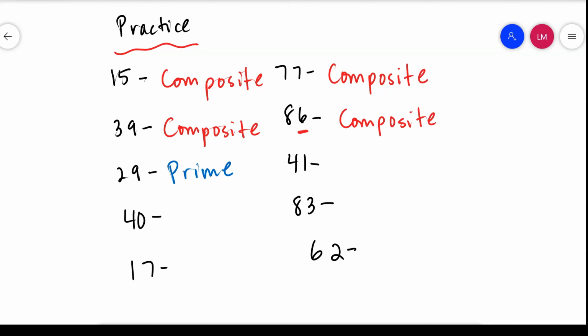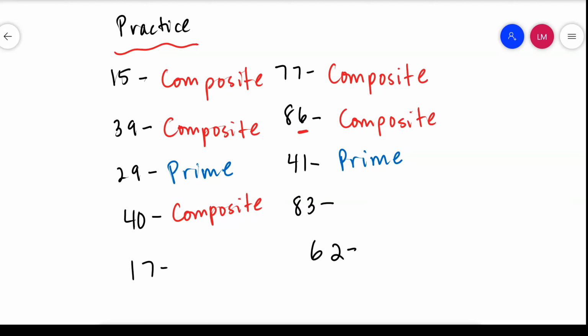Okay. 41 is also prime. Because again, the only numbers that go into 41 are 41 and 1, just like 29 is 29 and 1. 40 is composite, because 2 goes in there, 20 goes in there, 10 goes in there, 4 goes in there, leaving no remainder.